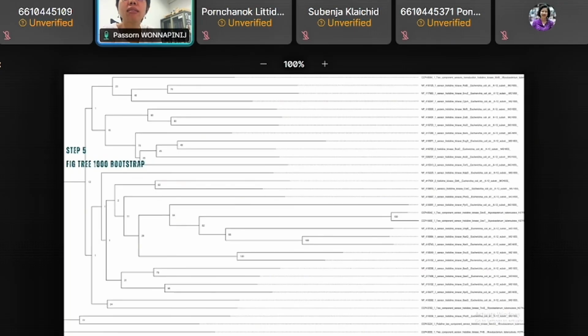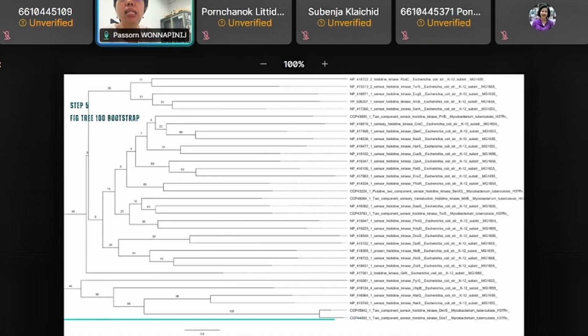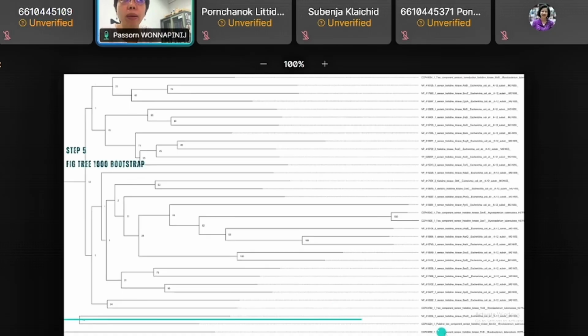Did you see anything like that on your phylogeny? It has to be big, right? Because you have many histidine kinases in E. coli and several histidine kinases in Mycobacterium. The last line.